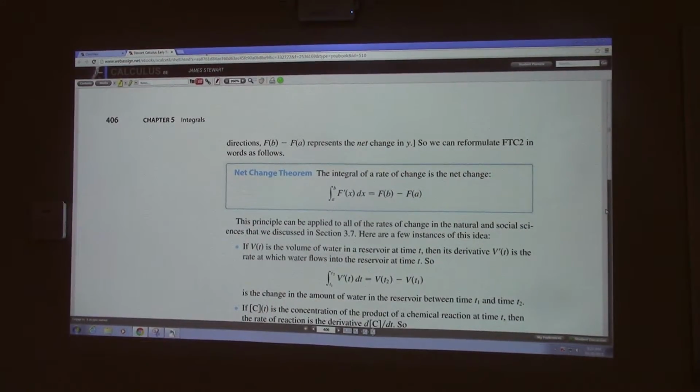Okay, rate of change, you need to write that down. When you're trying to find the rate of change, which is the slope, you can also use the antiderivative of the derivative.